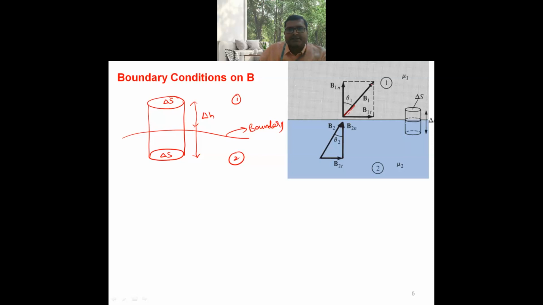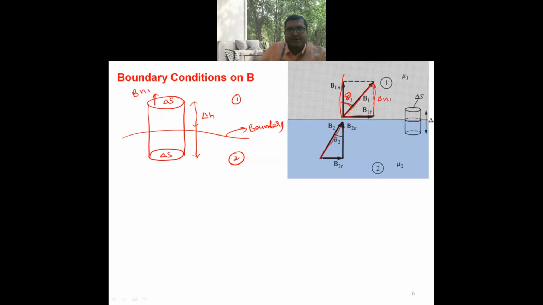Once again, B1 in medium 1 can be split as BT1 and BN1. This is the direction of BN1, and it makes an angle theta 1 with respect to the normal in medium 1.